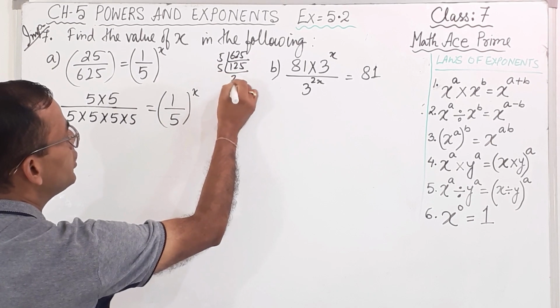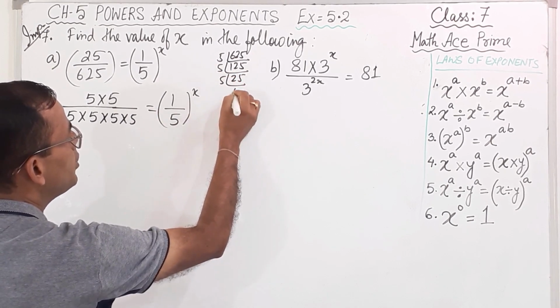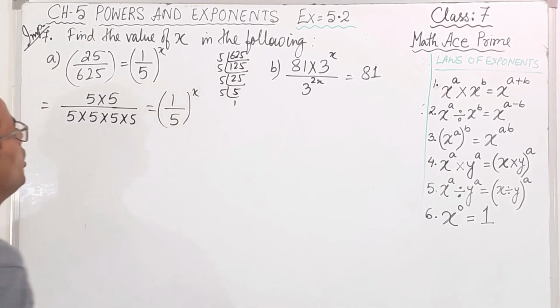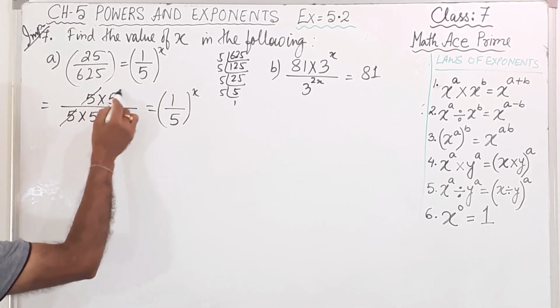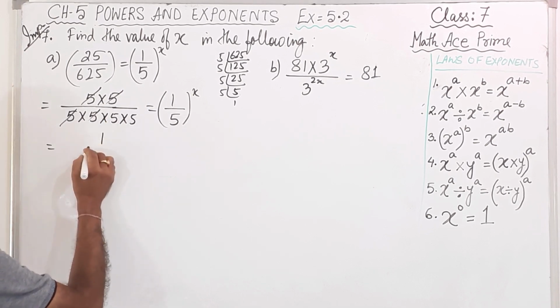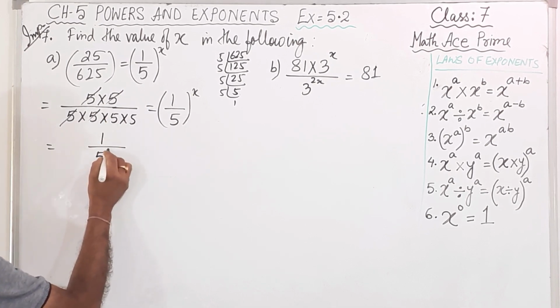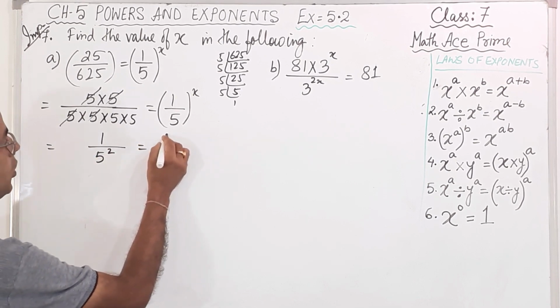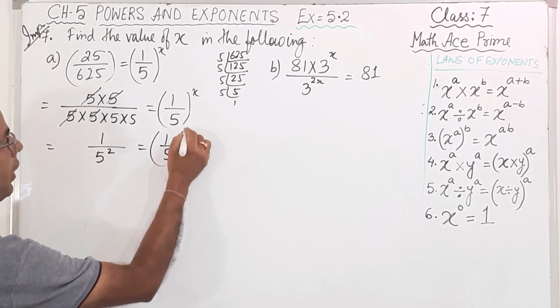Again 5, so 25. Again 5, 5. Again 5, 1. So 5 into 5 into 5 into 5. Now you can cancel 5, 5, 5, 5. Clear? So what you get here? 1, and downside is what? 5 into 5 means 5 square, equal to 1 by 5 to the power x.